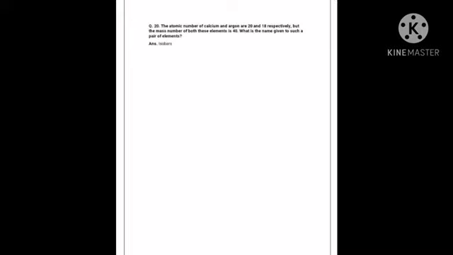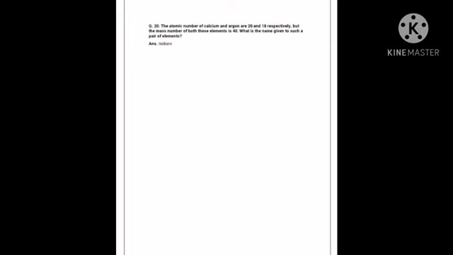Next question is, write the electronic configuration of an element whose atomic number is 12, right? So in electronic configuration, there is arrangement of electrons in different orbits, right? Like we have K, L, M, N, these are the shells. You have to give the arrangement of electrons in these orbits, right?